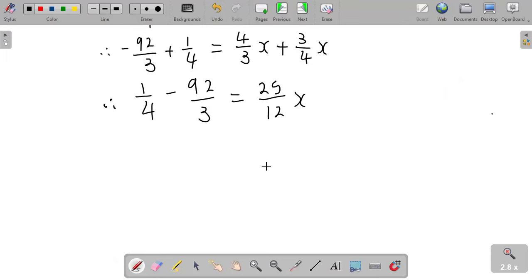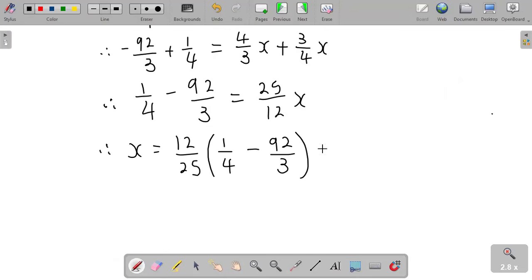So then therefore x equals, you take the reciprocal here, 12/25. And then you multiply into 1/4 minus 92/3.